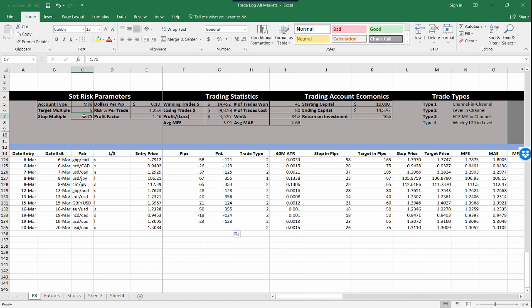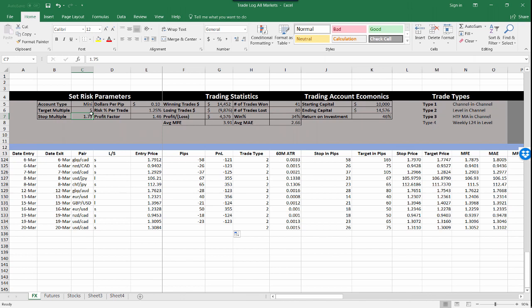But when it came to the forex, when I first started logging trades, if I used a 1 ATR multiple for my stop, it was just too tight. Well, guess what? Now as the trading has evolved, that's changed.